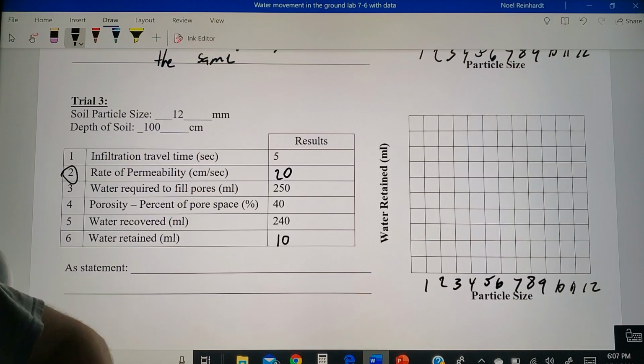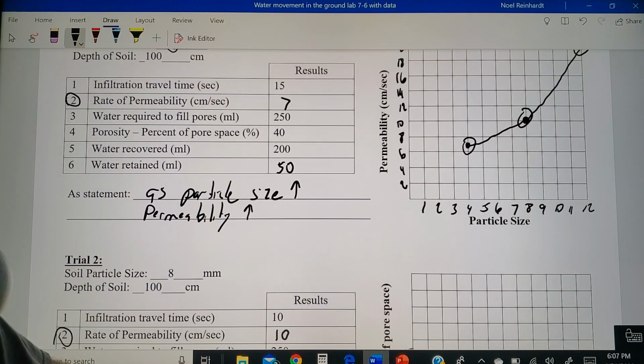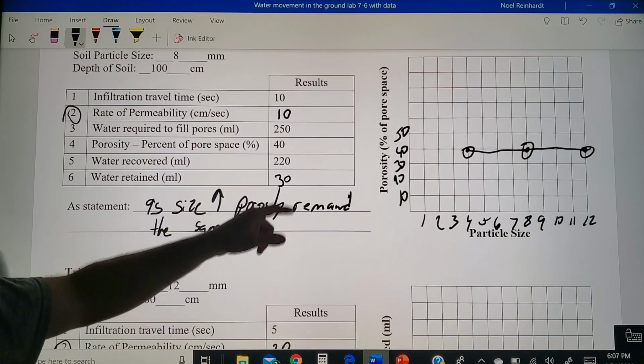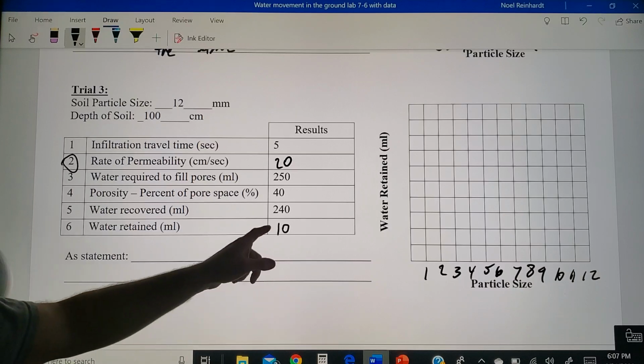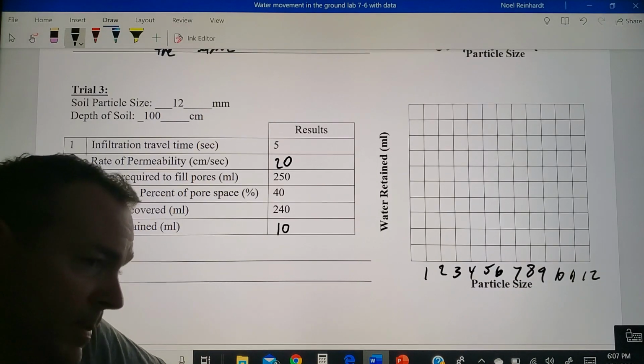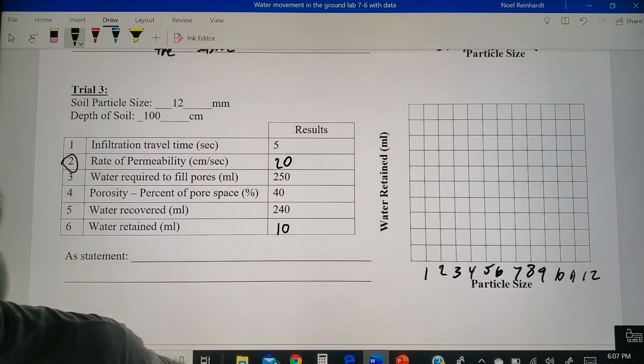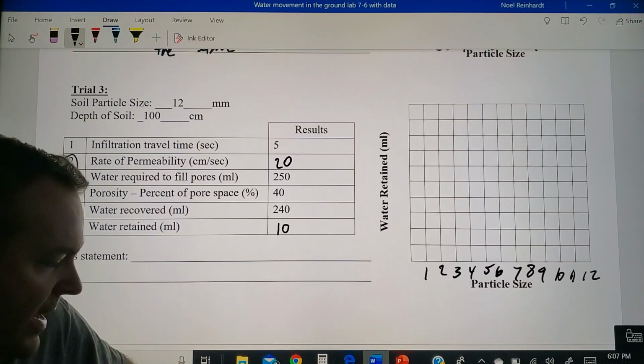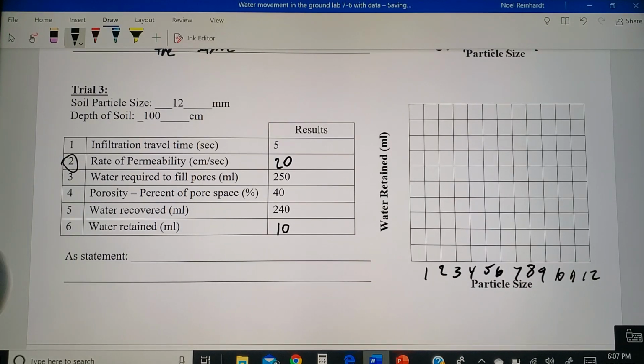And water retained, let's look at that data. So for the first one, the amount of water retained was 50. Then we have 30, and then we have 10. So the total range would be arguably 0 to 50. So let's skip by fives this time.